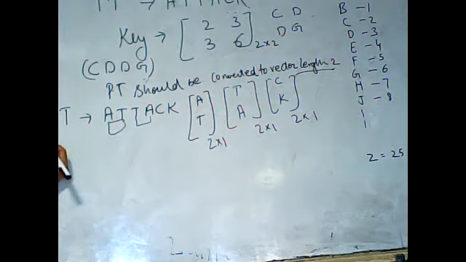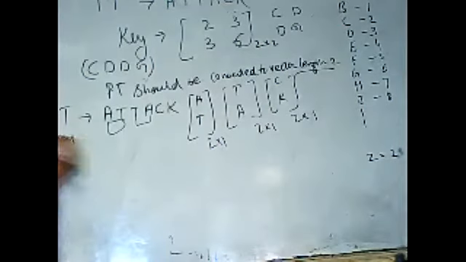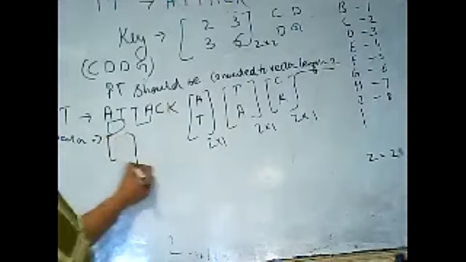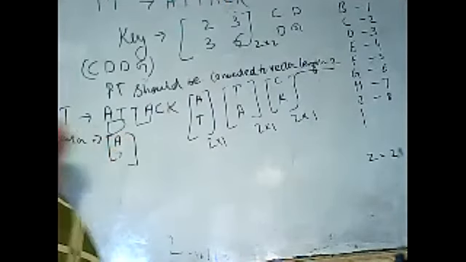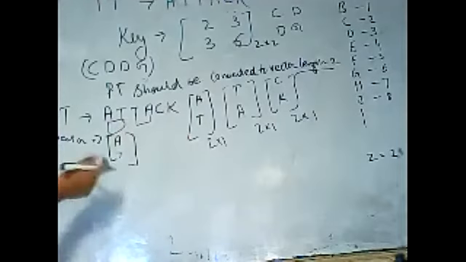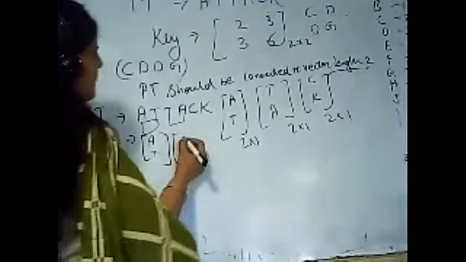The first vector is A, T. What value of A are we having?